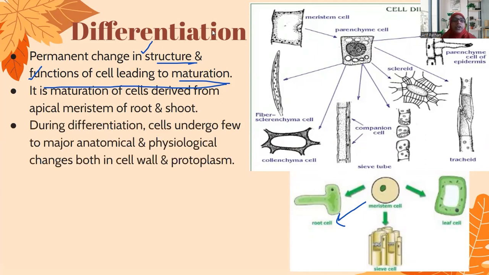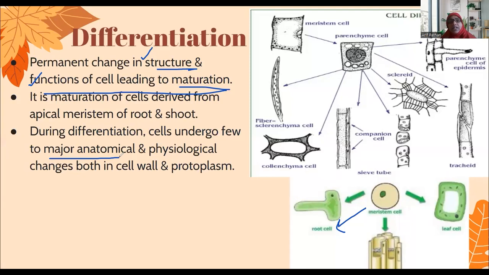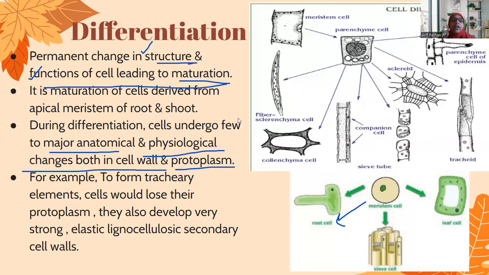So during differentiation, the cells are undergoing major change in their structure, that is anatomy, and major change in their metabolic activities, which changes both their cell wall and protoplasm. So not only outside but in and out, everything will be changed when a new cell is undergoing differentiation.